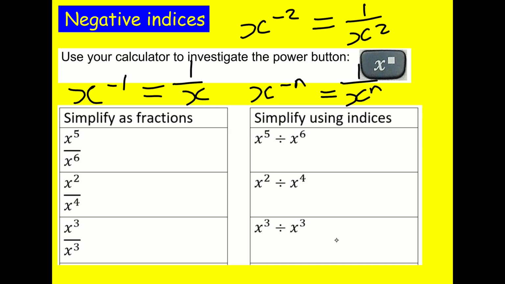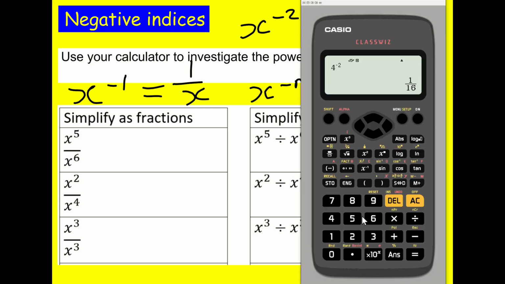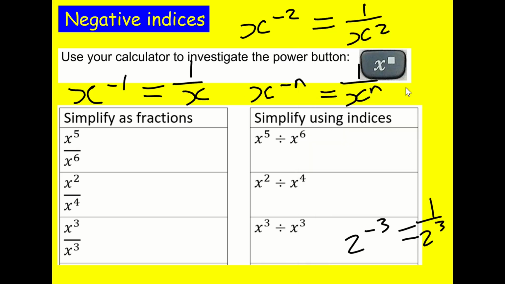So if that is the case, then I would expect 2 to the minus 3 to be 1 over 2 cubed, or 1 over 8. I can test that out, my conjecture. 2 to the power of minus 3, 1 over 8, done. And this result does stand.